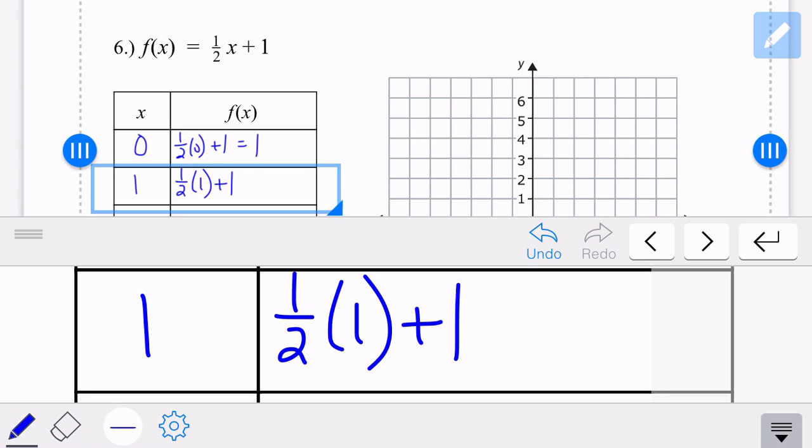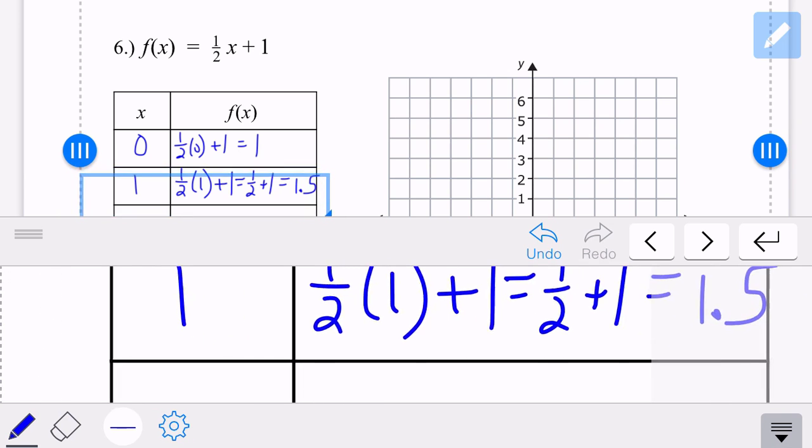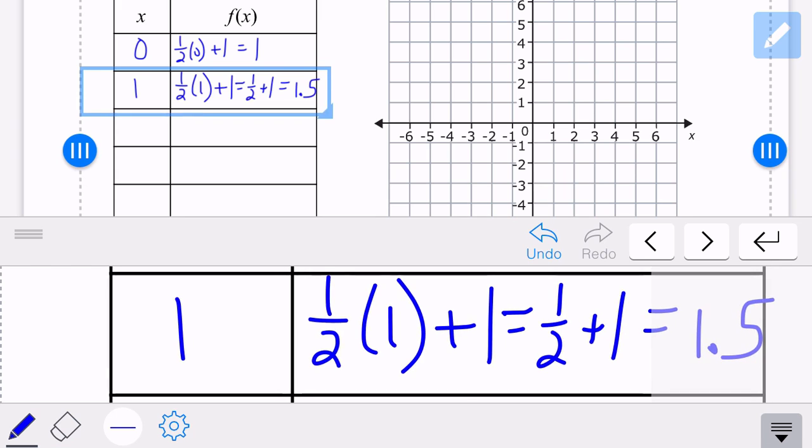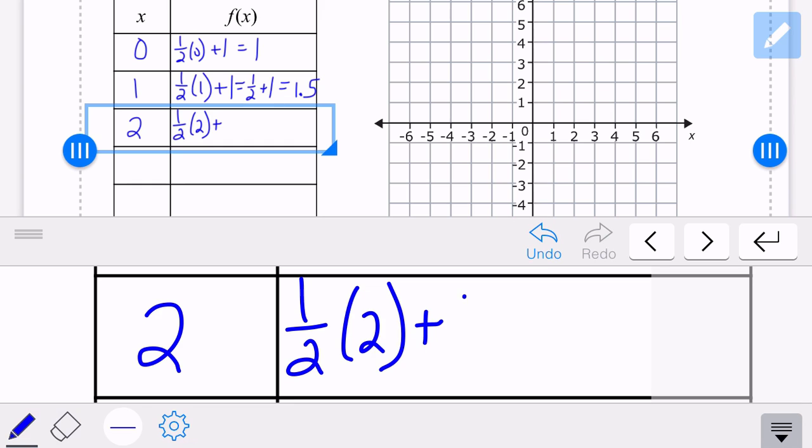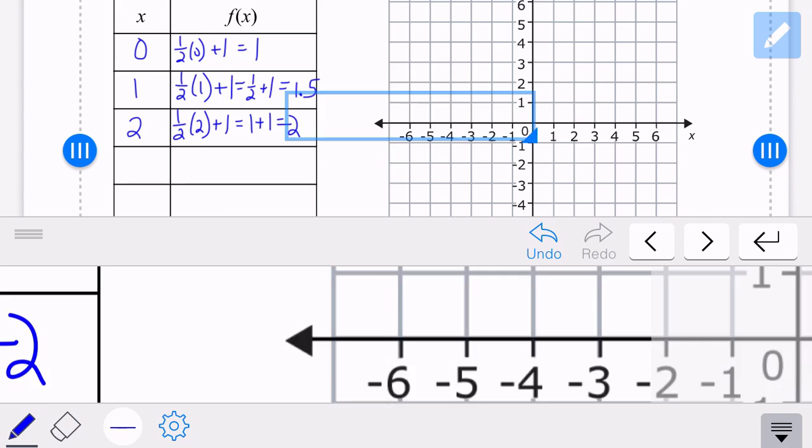And then I have 1/2 times 1 is just 1/2, and then plus 1, that would give you 1.5. All right, now if I plug in 2, 1/2 times 2 plus 1. So then I would have 1/2 times 2 is 1, and then plus 1, so I would have 2 as my output.